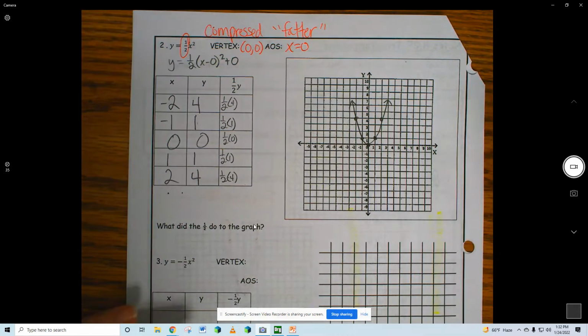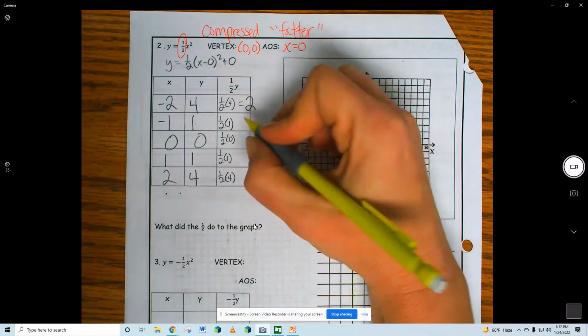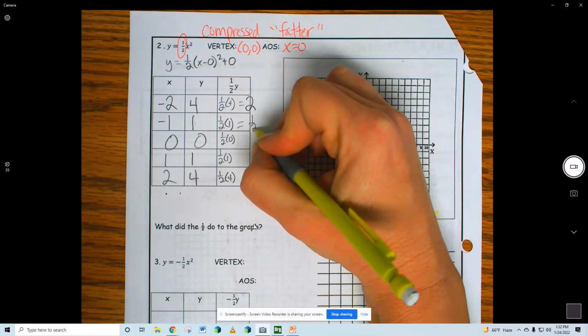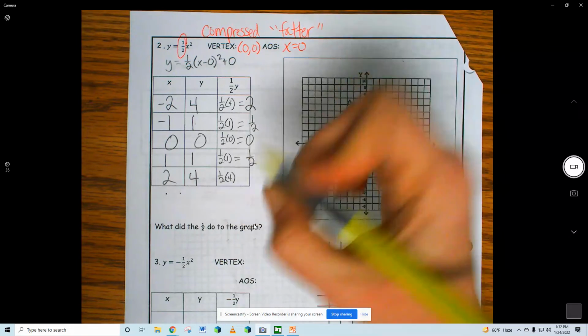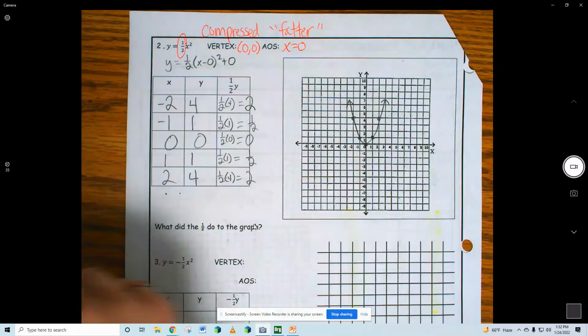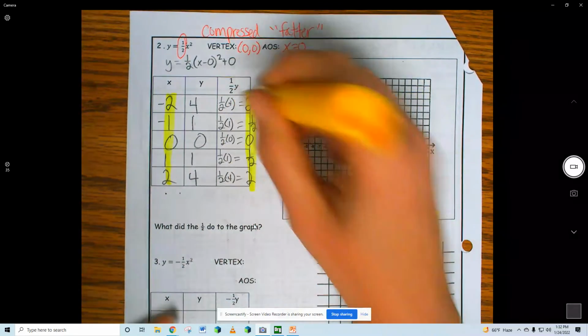Okay. So 1/2 of 4 is 2. 1/2 of 1 is 1/2. 1/2 of 0 is 0. So I'm just doing the math.